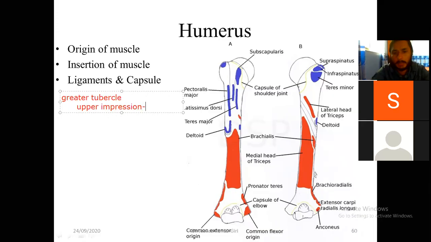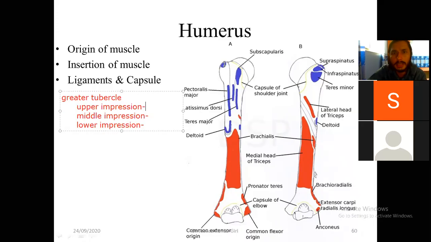So in these three impressions, three different muscles are inserted. That is the greater tubercle only. Now you see, this is the greater tubercle.